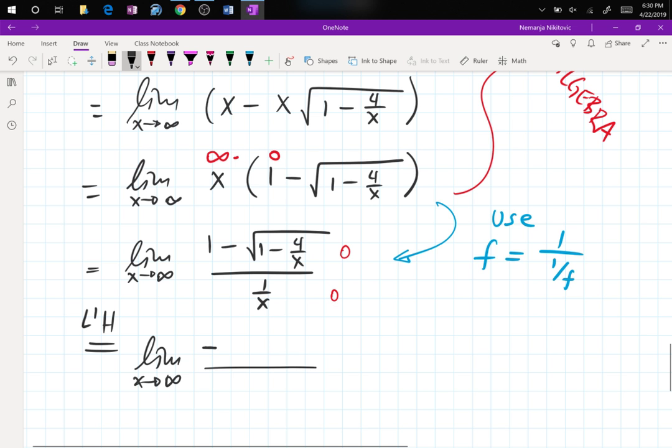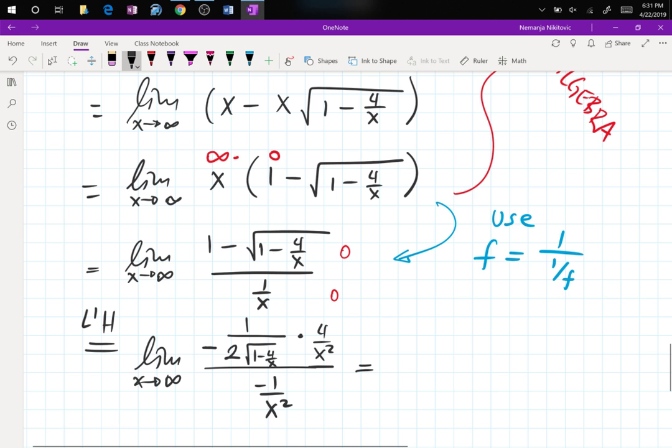Well, it is 1 over 2 times the same square root times the derivative of the inside. And the derivative of the inside is going to be negative, and then another negative becomes positive 4 over x squared. And the denominator is negative 1 over x squared.